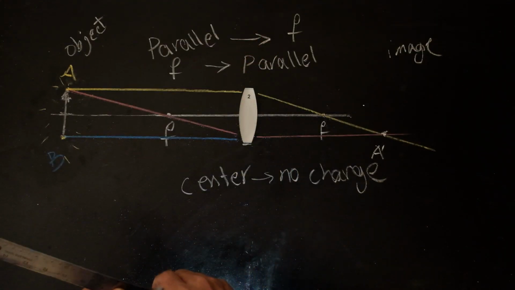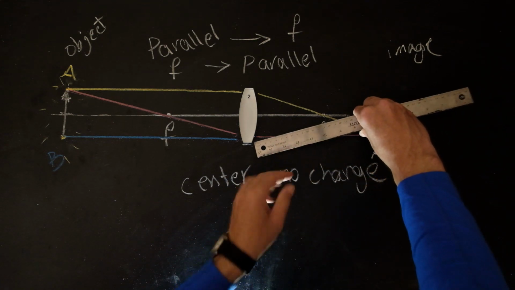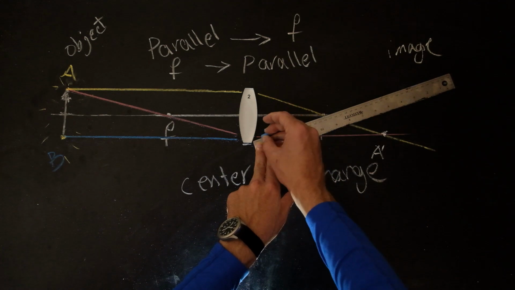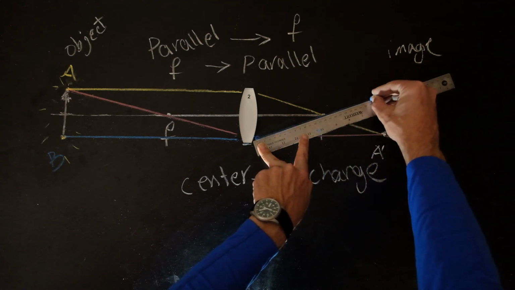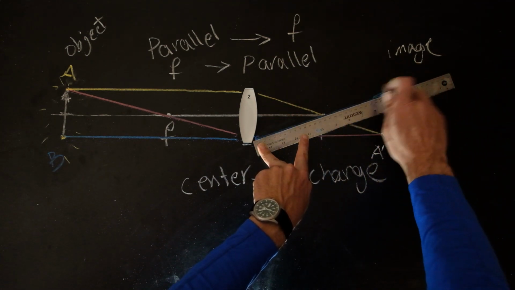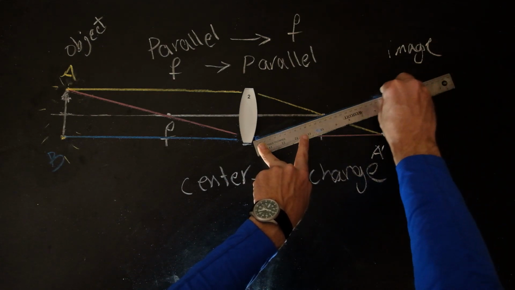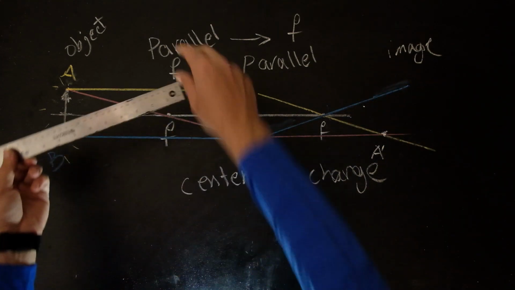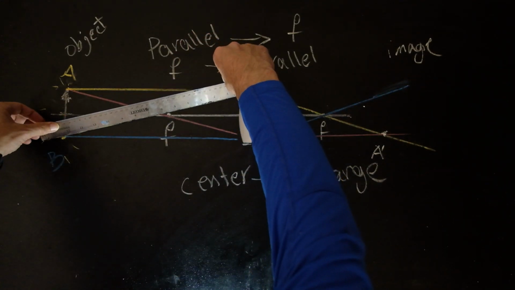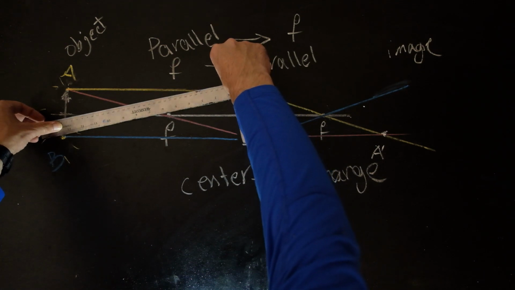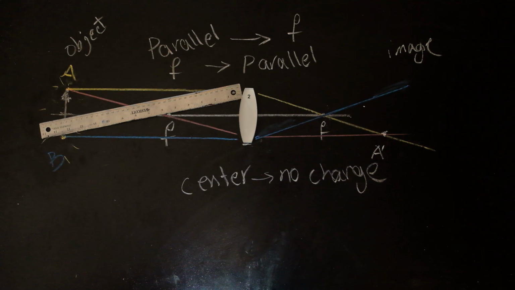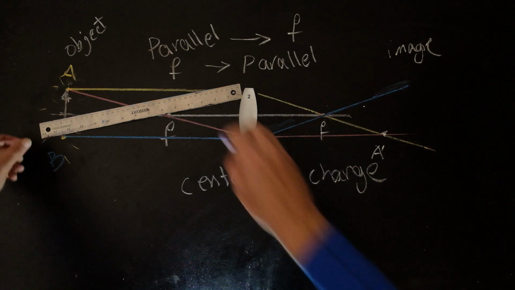Hits the lens, then it will go to F. Okay, and then I need another ray. This is F.